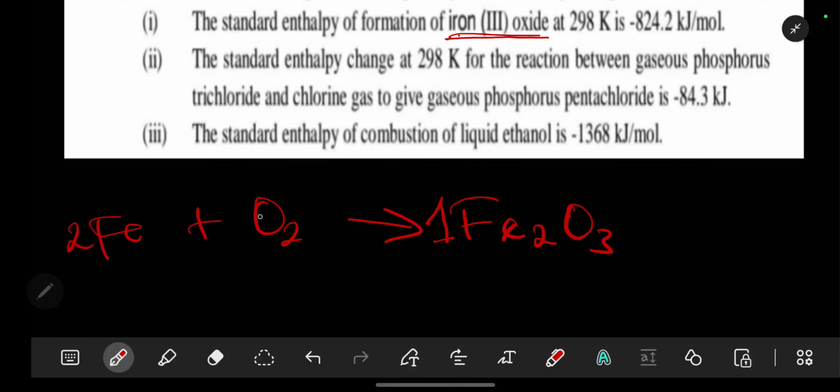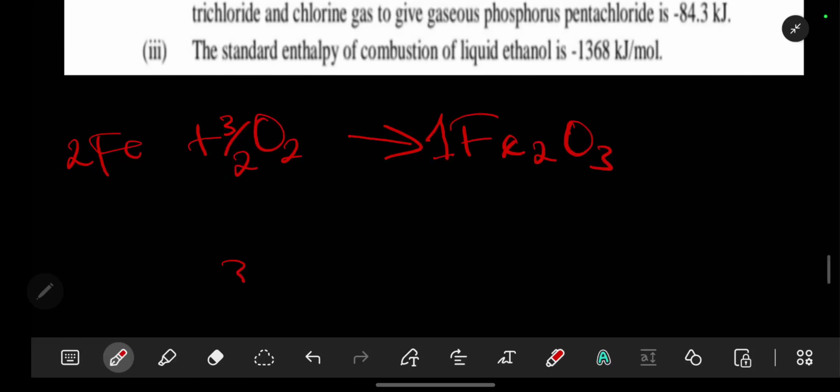We have 3 oxygens here, so we can put a number on oxygen. Since we have 3 oxygens, we put 3 over 2, so that 3 over 2 times 2 cancels and gives us 3. So 3 oxygens on this side and 3 oxygens on that side. Make sure that the only number on the compound is 1.